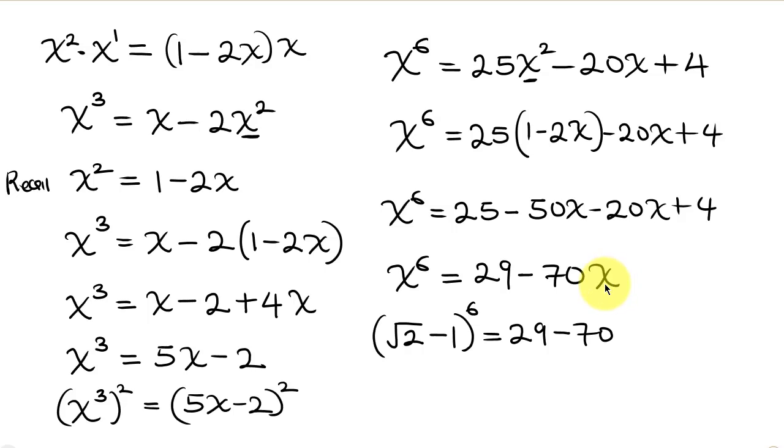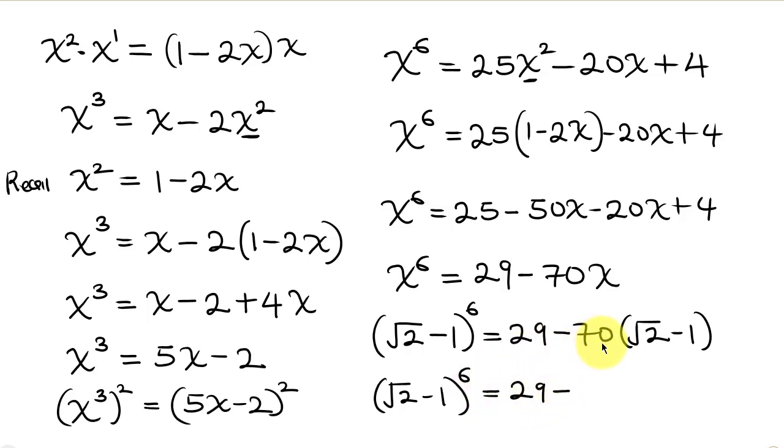Now x, let me substitute x. Remember, x is the square root of 2 minus 1 from our substitution. Very good. So that means the square root of 2 minus 1 all raised to the 6 will be equal to 29 minus 70 times the square root of 2 is 70 root 2. Now, negative 70 times negative 1 is plus 70.